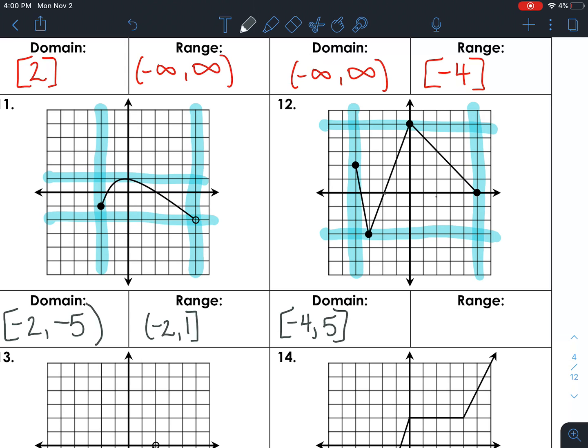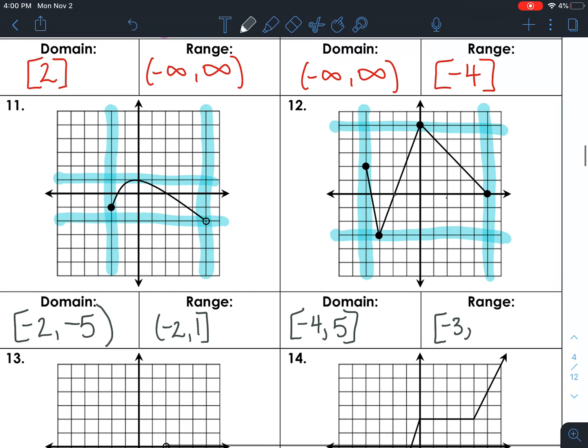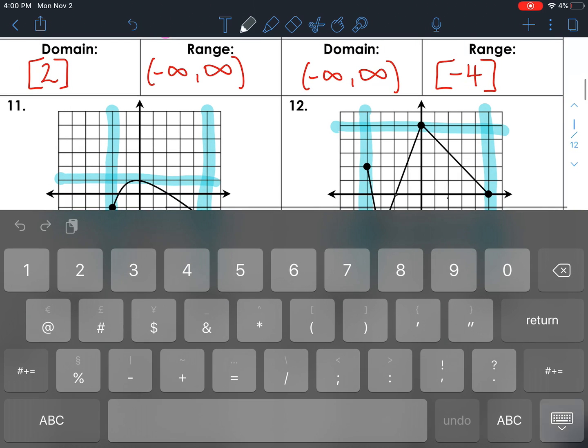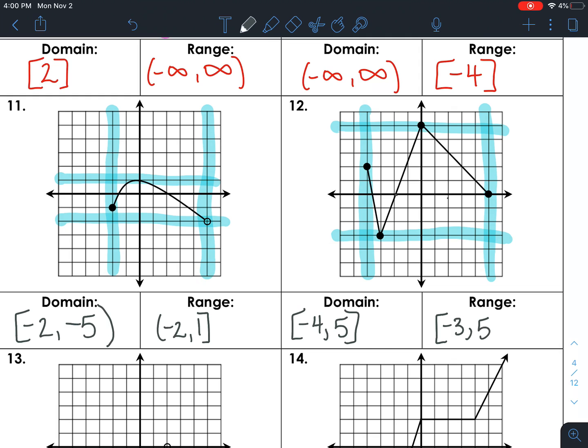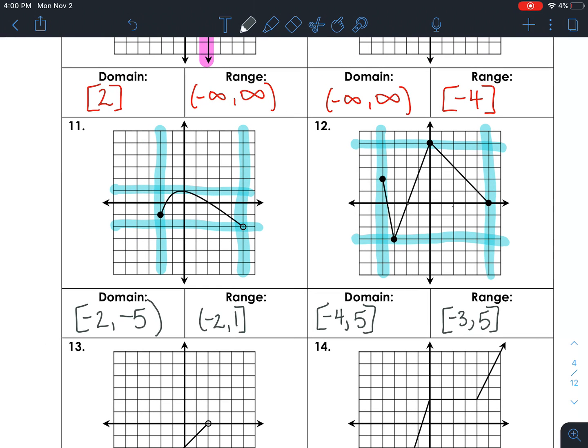And again, it's hitting both those points, so we're good with brackets. Range, I'm starting down here at -3, and again, it's a full filled-in circle. I'm going all the way up to 3, 4, 5. And again, filled in circles so they get brackets.